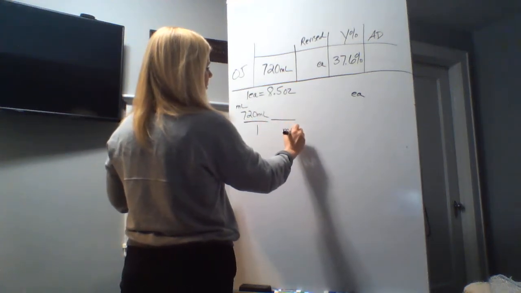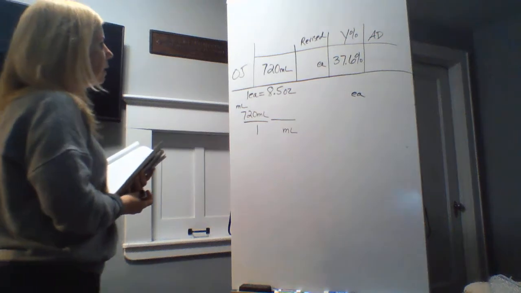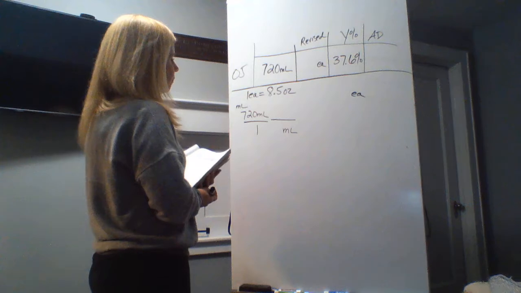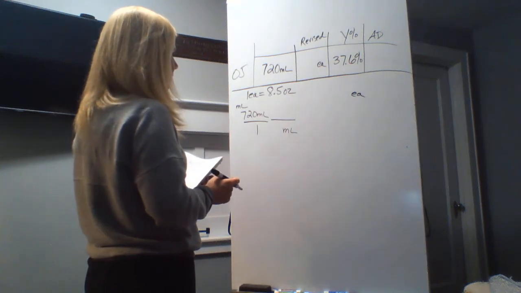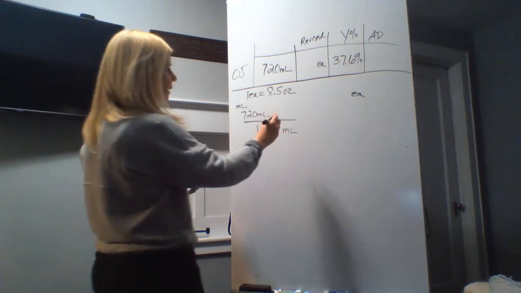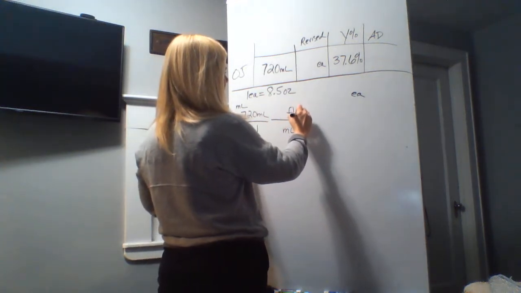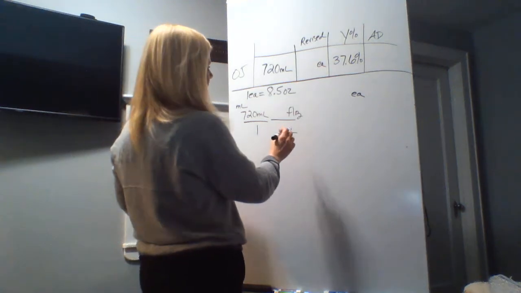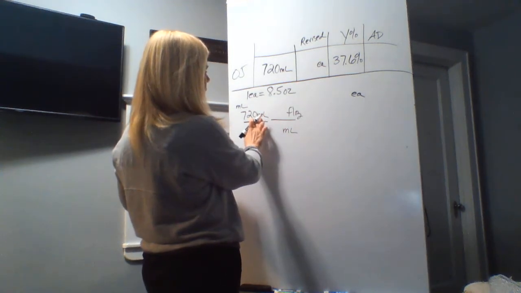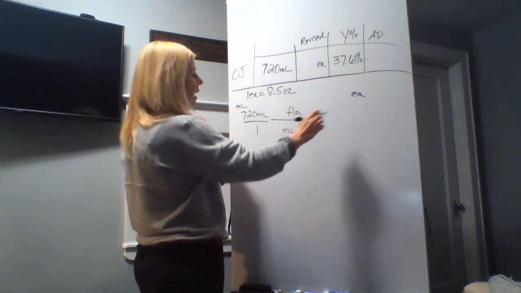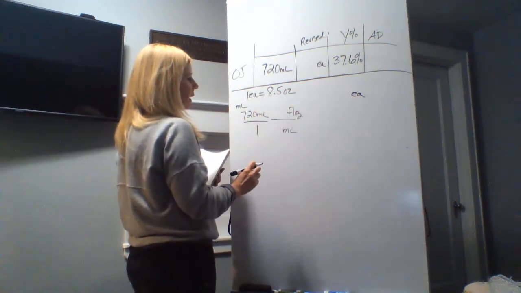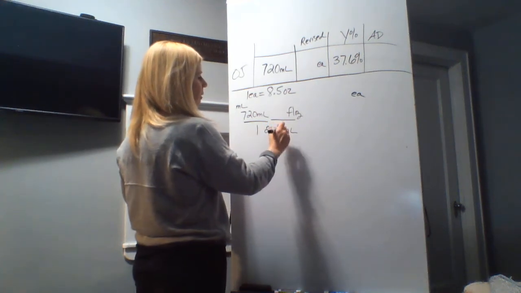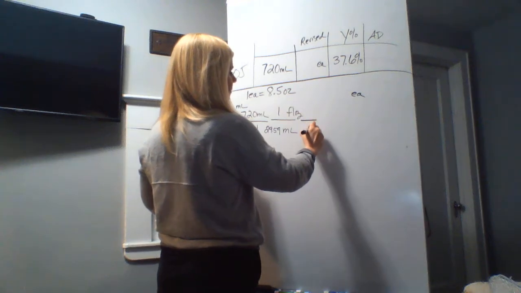We can start the bridge by going milliliter to fluid ounce, which is really important. Anytime we want to get from milliliter to anything else, fluid ounce is a big help. We know there's 29.59 milliliters in one fluid ounce.